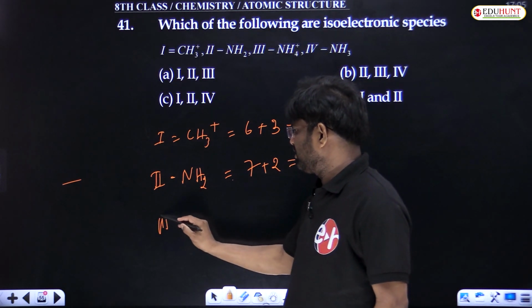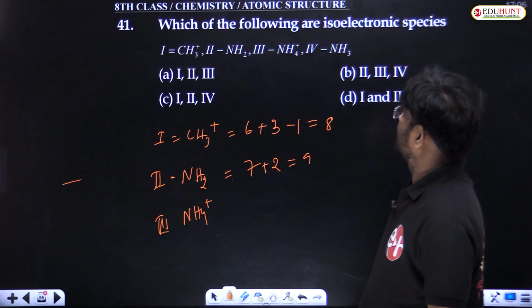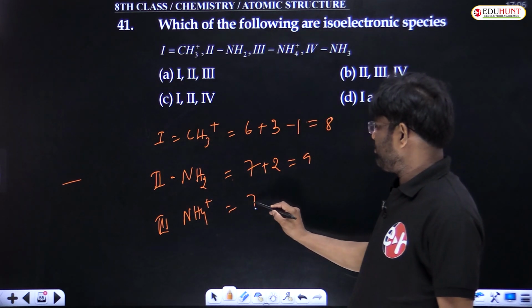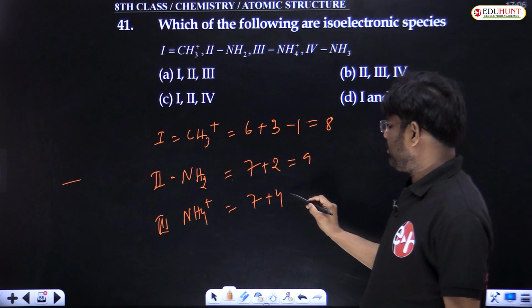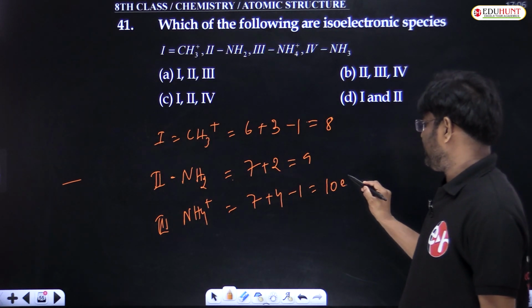Third, NH4 plus: 7 plus 4 minus 1, 11 minus 1, 10 electrons.